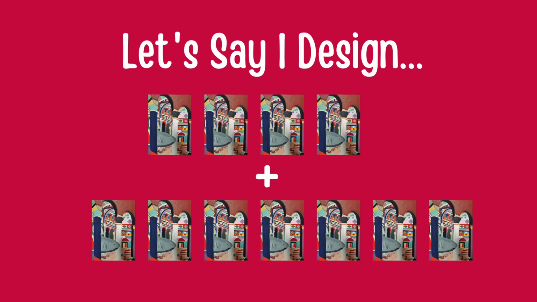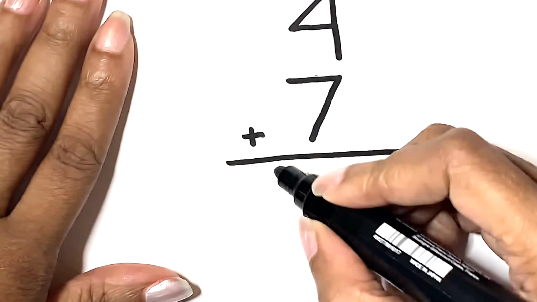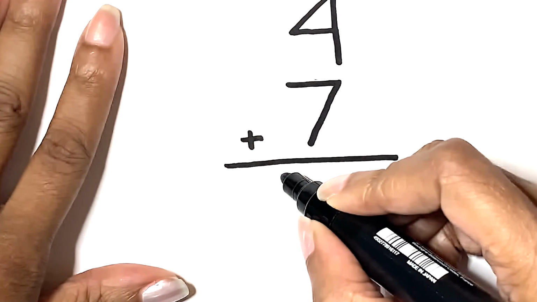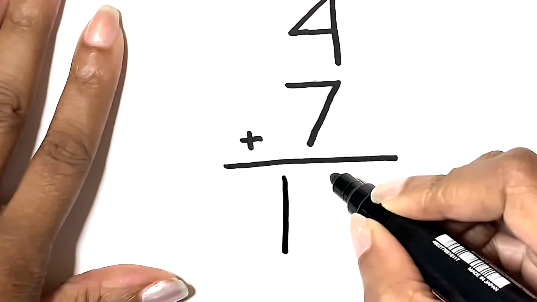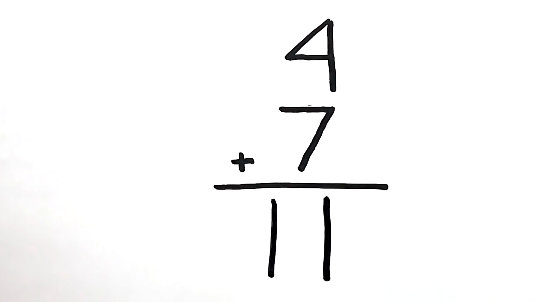So let's count. 1, 2, 3, 4, 5, 6, 7, 8, 9, 10, 11. So I have created 11 paintings in 2 weeks. So this means 4 plus 7 is 11, and 11 is an odd number.